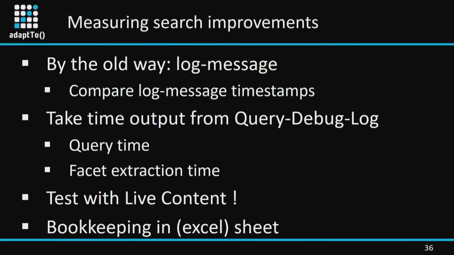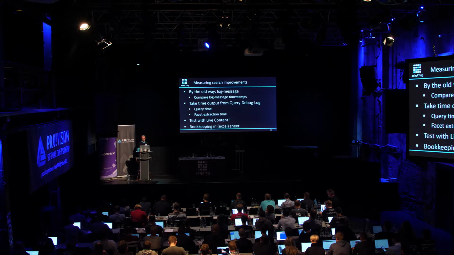So, some notes about how we did the measuring of search improvements. We did it the old way, comparing the timestamps of log messages. Also, we used the time output that the query debug log gives.